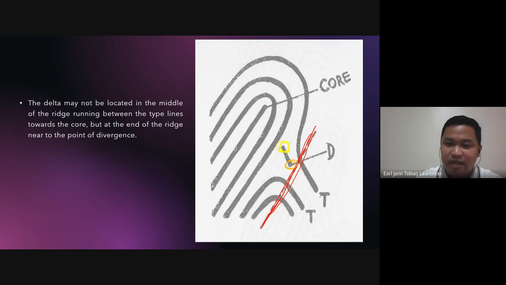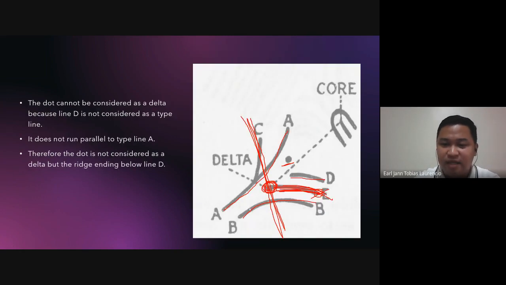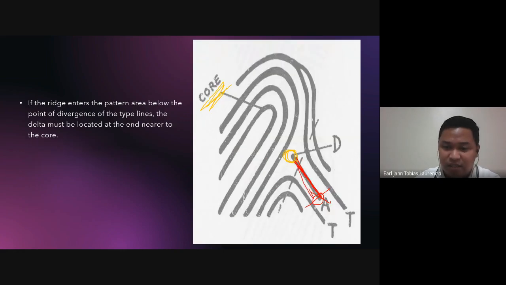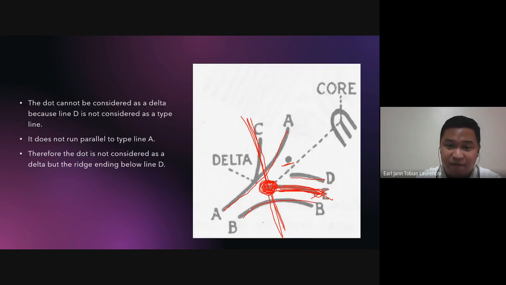If the ridge is located inside the pattern area, just like this one, we will select the end near the point of divergence. But when it comes to this ridge that is located outside, we will select the end near the core of the pattern. Okay? I hope that is clear to everyone.